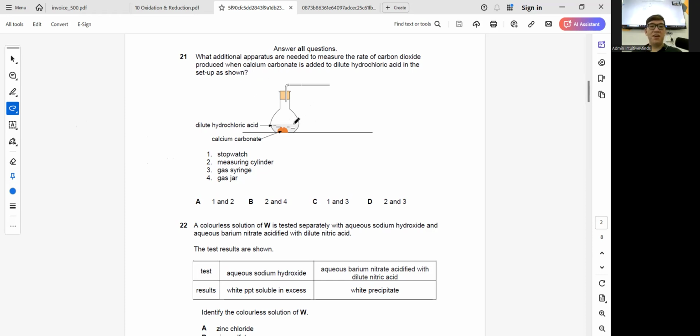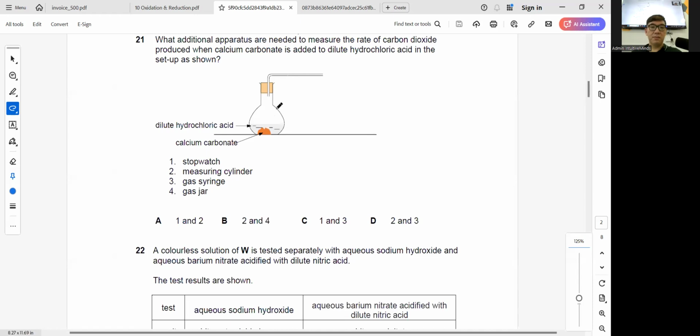What gas is given off here? Gabriel, what do you think? Is it correct? You have a carbonate and acid. So what gas will it be? All right, so you've got to read the question.